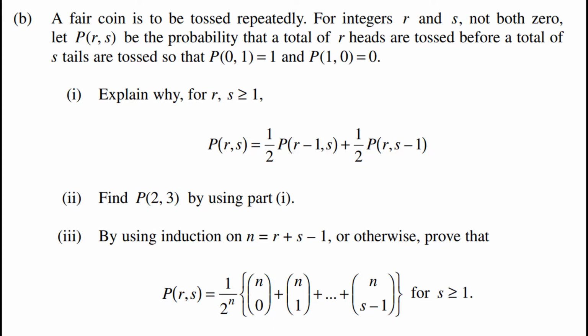And we're given that 'or otherwise' option, but I think I'm going to stick with the approach suggested, which is to use induction, where we're going to define n to be r plus s minus 1. And remembering for this question, r is the total heads, s is the total tails, and the probability of r comma s is the probability that you get r heads before you get s tails.